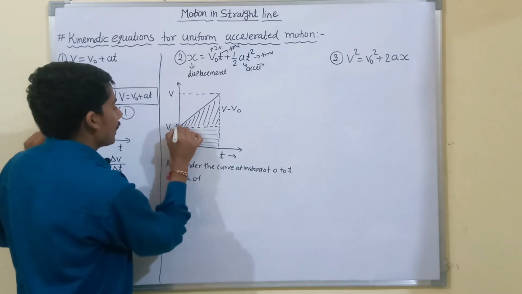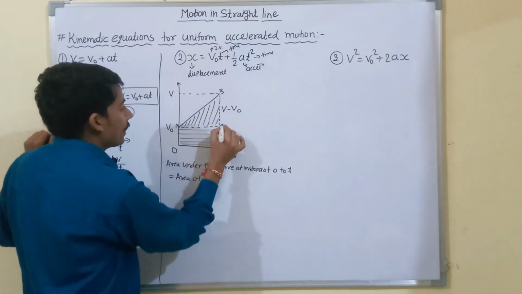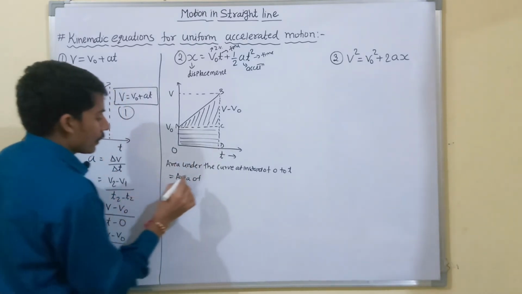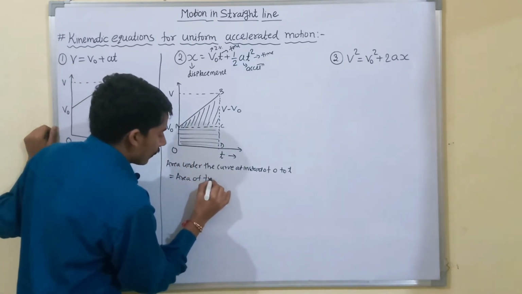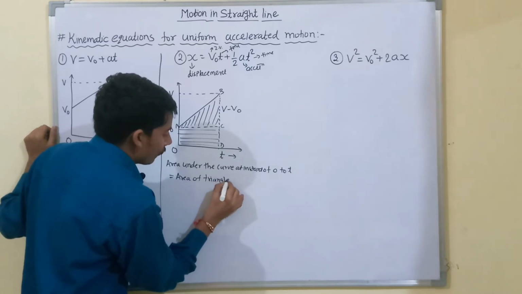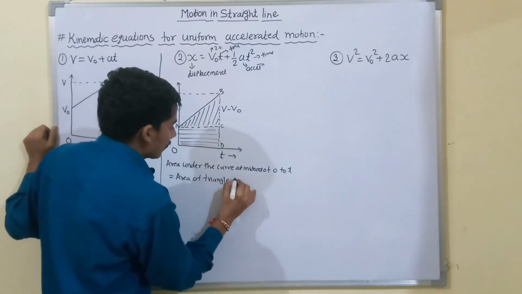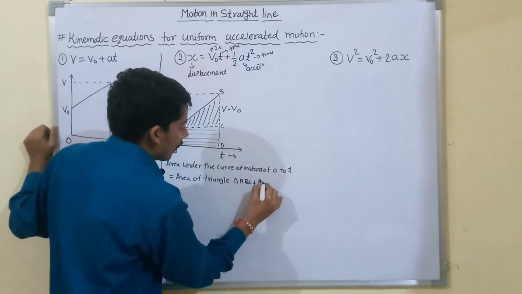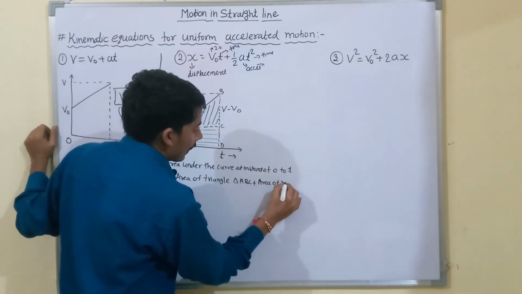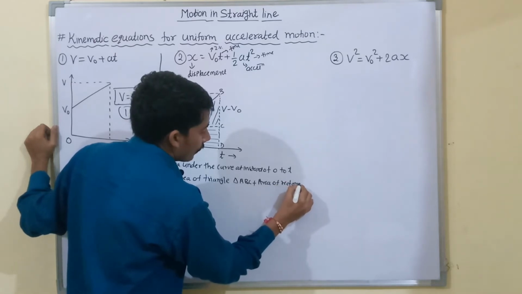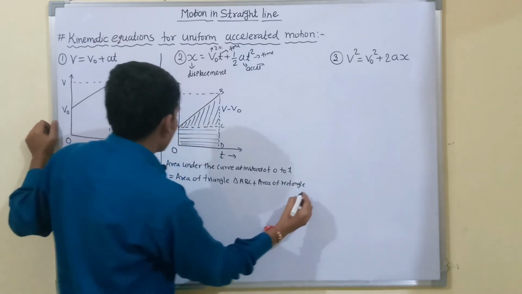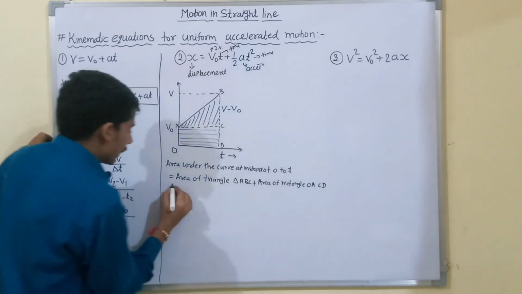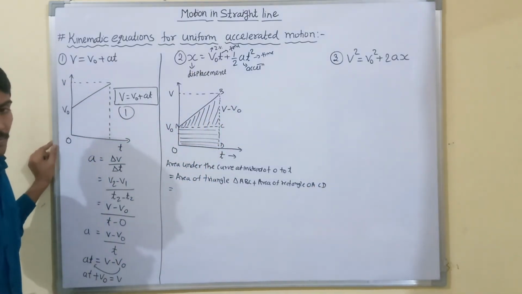Now we will give the names A, B, C, D, and this is O. What is the area of the triangle? That is triangle ABC plus the area of rectangle OACD.